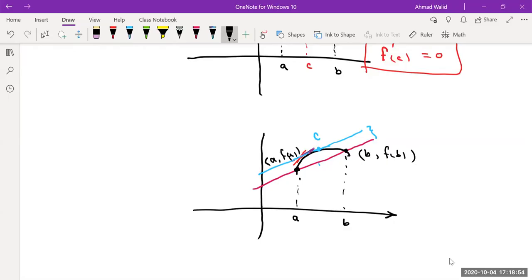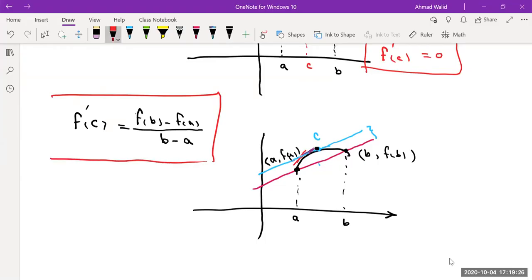The slope of the secant line will be f of B minus f of A over B minus A. This will be the slope of this tangent line, which is parallel to this line. And what is the slope of the tangent line here? Of course, that's f prime C, right? We call this equation the mean value theorem.